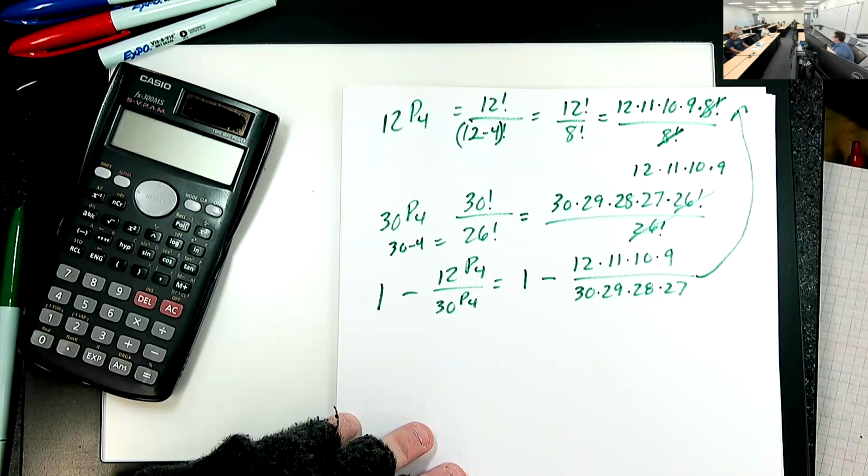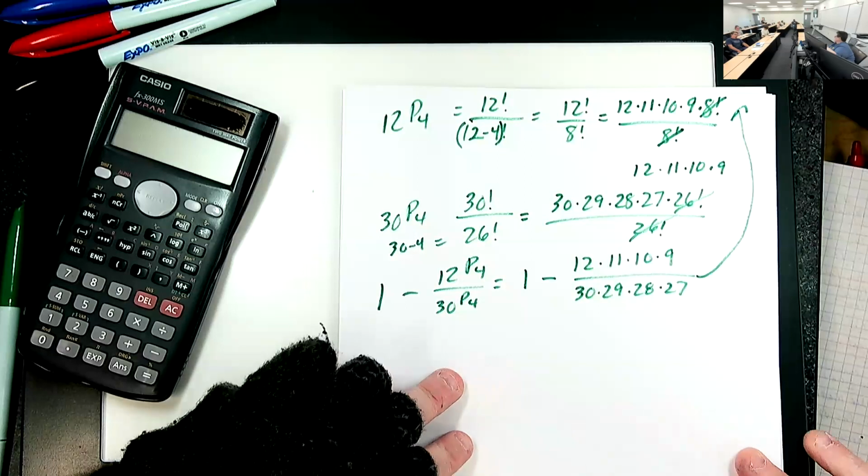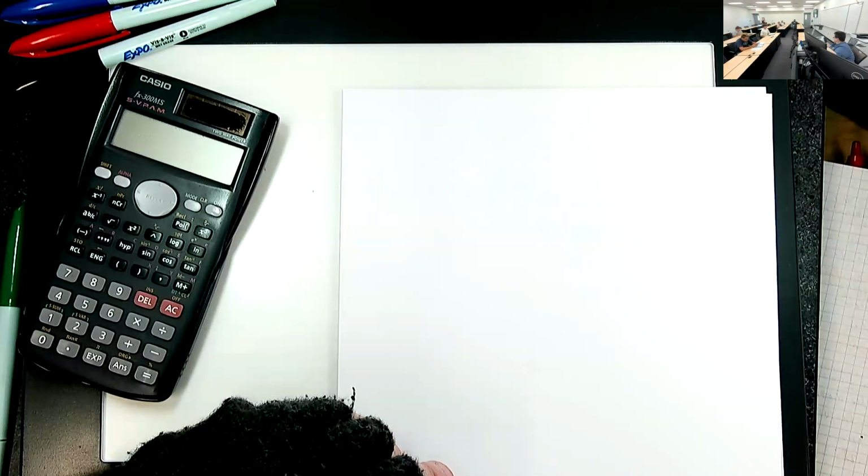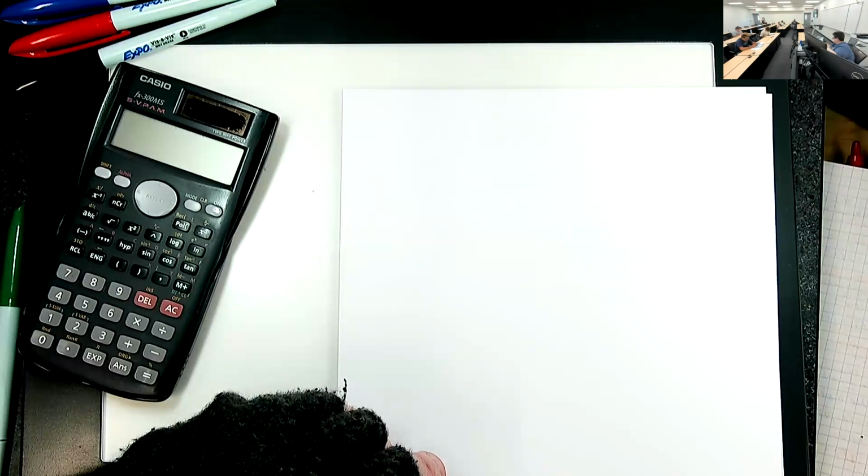All good? I didn't even write out what the amount is. Does the amount matter? This is a calculator. It was 11,880 over 657,720.